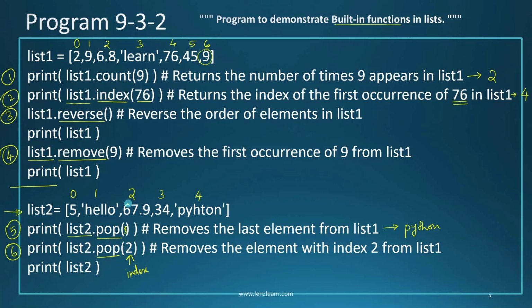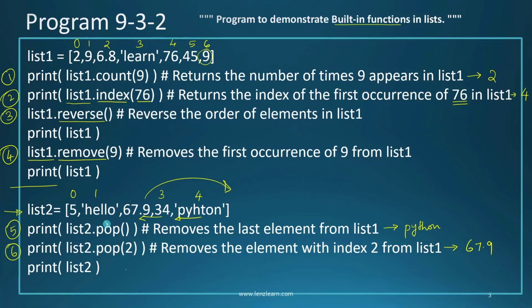So pop will just take this value and push it out of the list. So this will be removed. 34 and Python will be moved one place to the left to fill the gap, and you will be given the value 67.9 for processing. Right now I am printing it, so it will be just displayed on the screen.